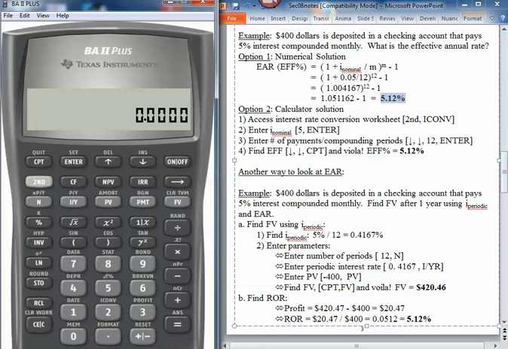Now let's think of it a different way. Let's assume that the interest rate is not compounded monthly, but compounded annually. But we're going to put in the EAR, the effective annual rate, which in my calculation was 5.1162.